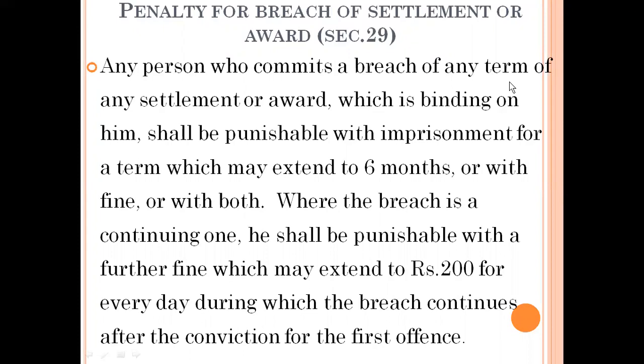Where the breach is continuing in nature, he shall be punishable with a further fine which may extend to rupees 200 for every day during which the breach continues after the conviction of the first offense.